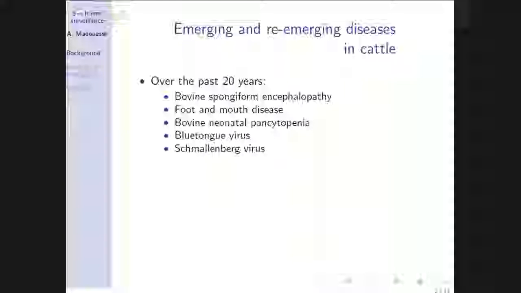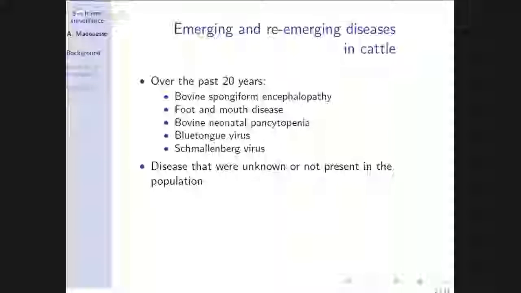So here are a few instances of diseases that have emerged in the past, maybe more 30 years than 20: bovine spongiform encephalopathy, foot-and-mouth disease, bovine neonatal pancytopenia, Bluetongue virus, and Schmallenberg virus. These diseases were emerging because they were unknown or not present in the population. That's their common feature. But on the other hand, they are all very different.